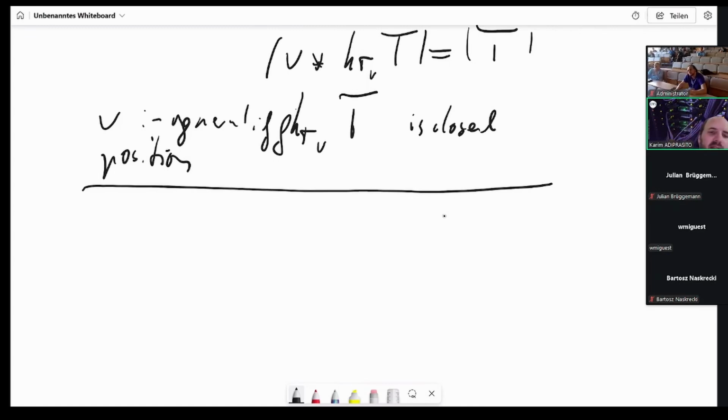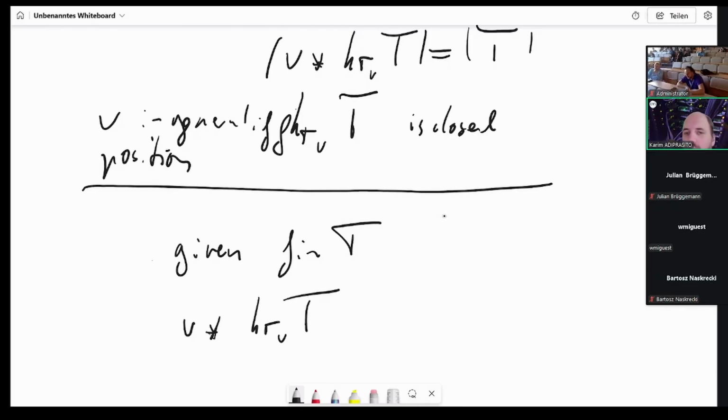Given a fin T, I can look at the following triangulation. I can look at the cone over this horizon, and this will be another triangulation of the same fin.